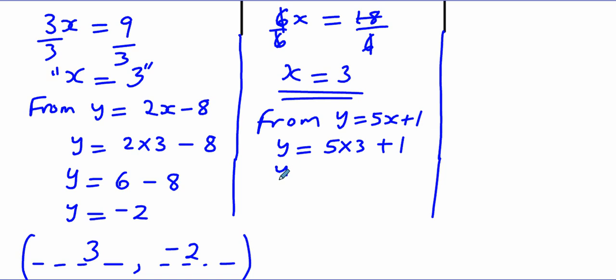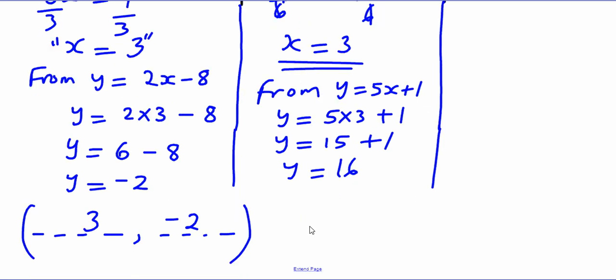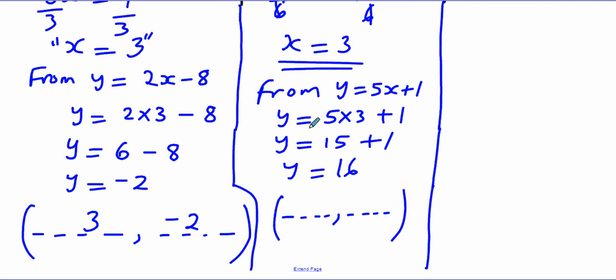This will be y equals 15 plus 1, y equals 16. Okay, how do we conclude our answers? It's easy. Just do like so: the value of x comes there, the value of y comes there. But this is not necessary. I'm trying to show that sometimes in the exam, they keep some blanks to fill. So x is 3, y is 16. That's all.